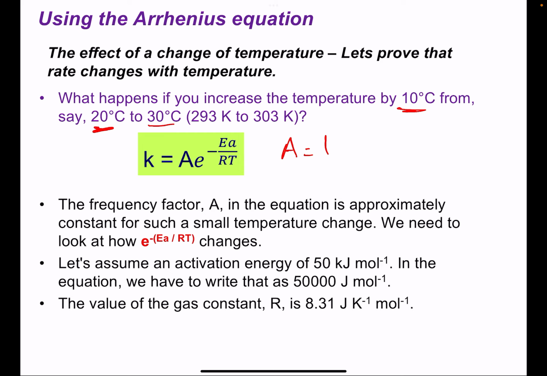So what we want to work out is k equals 1 times e to the minus Ea over RT. 20 degrees is 293 Kelvin, so I want to do the calculation with 293. My advice on how to do the calculation: first work out Ea over RT.